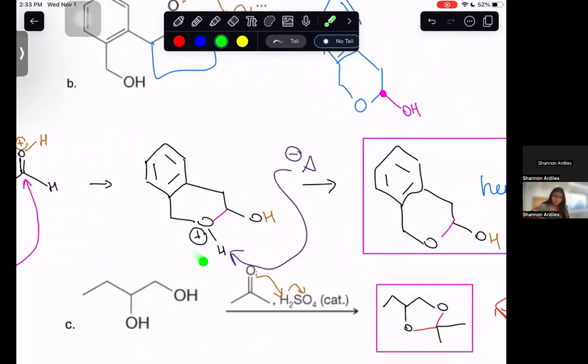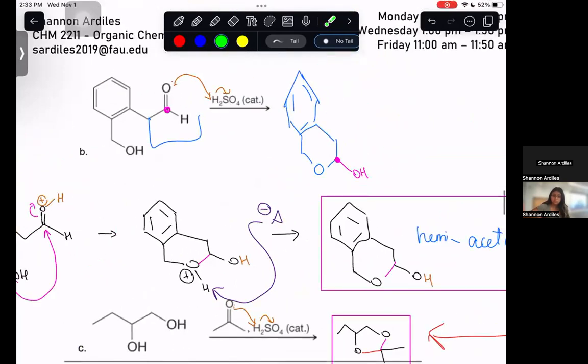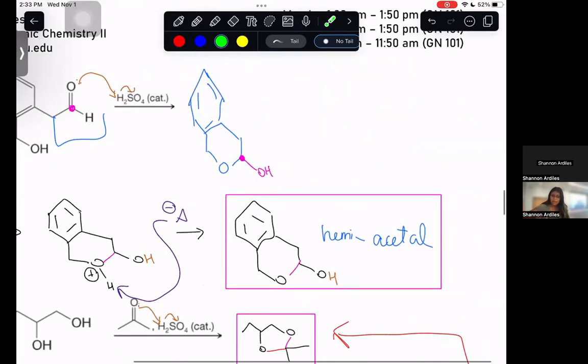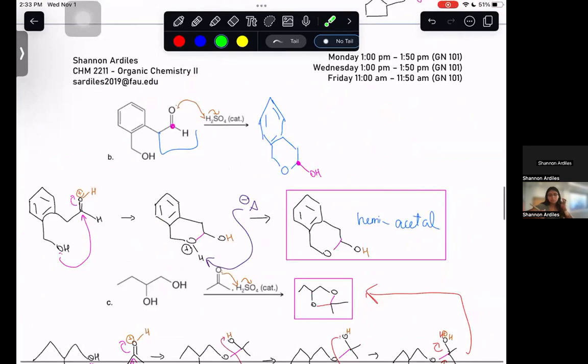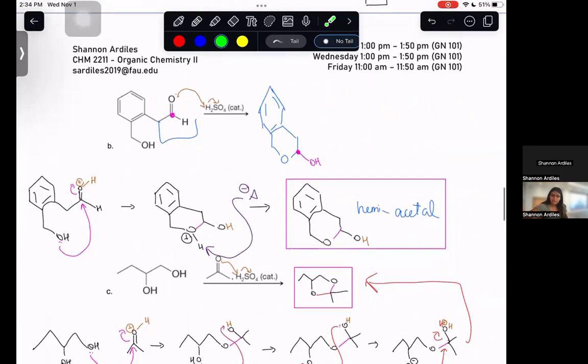Now, we have a positive charge. We don't like that. So like we saw in the previous example, our conjugate base that was formed in the very first step comes back, takes away that hydrogen, and everything is neutral now. Now, in this case, we can't proceed with the reaction again, because, sorry, it wasn't the aldehyde, it was the alcohol group.